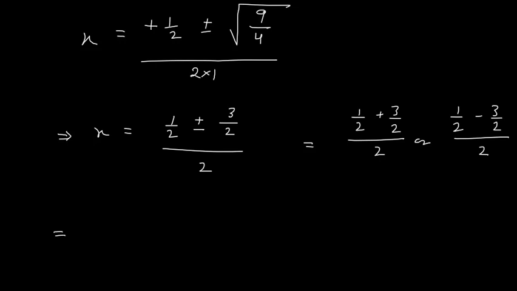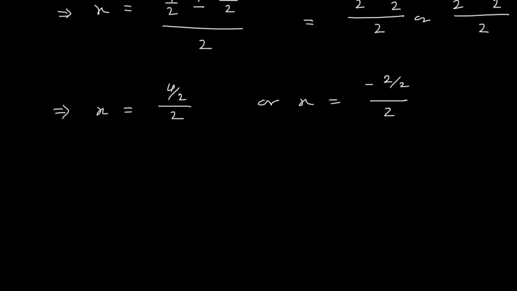So this will give you x equal to 1 plus 3 is 4, 4 divided by 2, whole divided by 2, or you will have x equal to minus 2 divided by 2, upon 2.